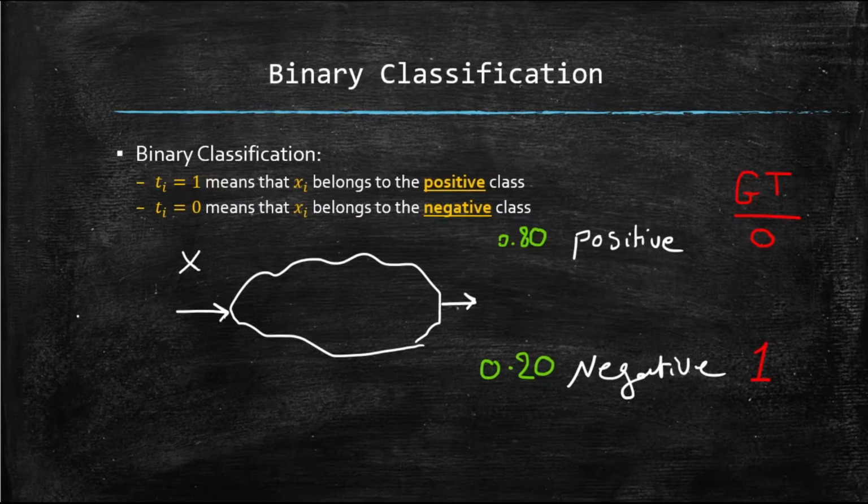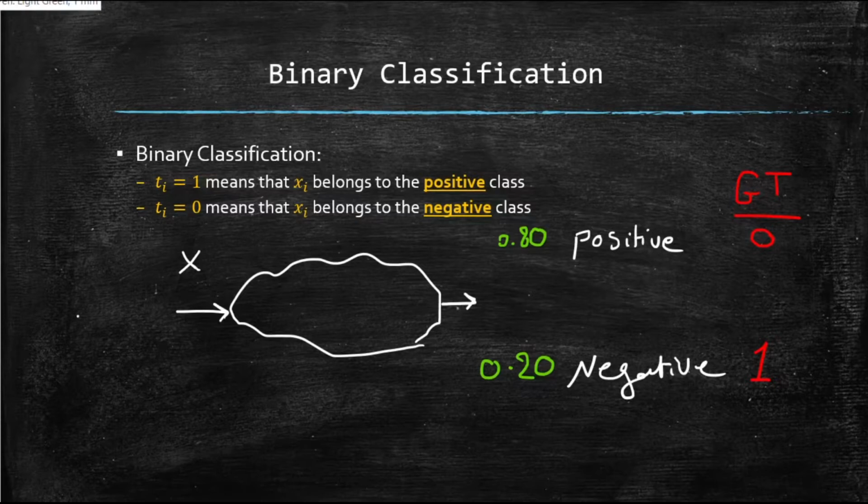And it is quite interesting because then the network will realize that it has made a big mistake. If it had said that with 80% x belongs to class negative and 20% to class positive, it would have done a far better job, but it hasn't. So it measures this difference through some error function that we're going to talk about.